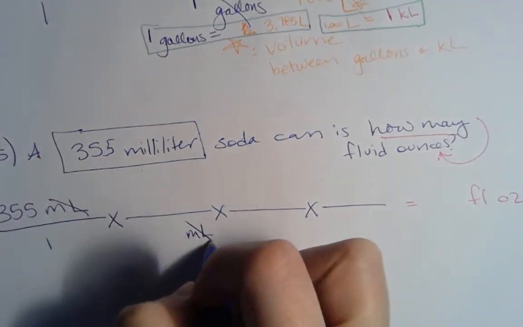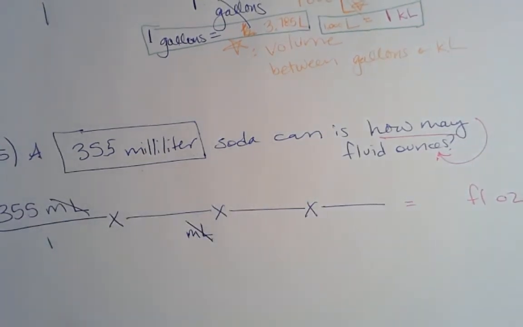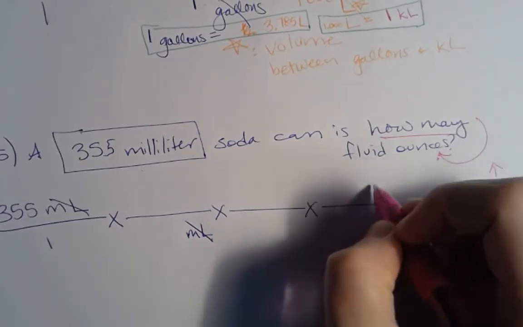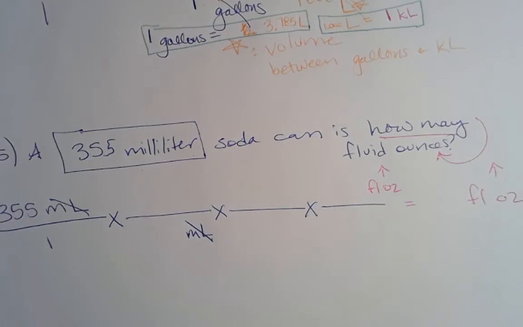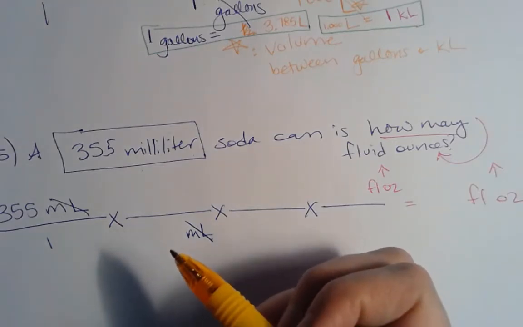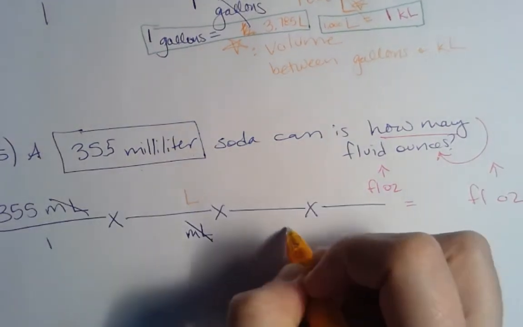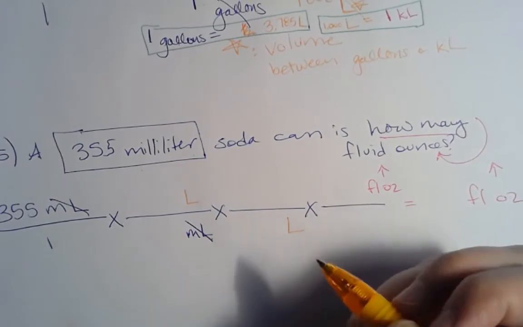You're going to cancel out your starting unit, like so. You're going to end with your ending unit, like so. It's a fluid ounce. You could find that conversion on the internet. I'm going to take you through the big thing, mostly to show you how the units line up.